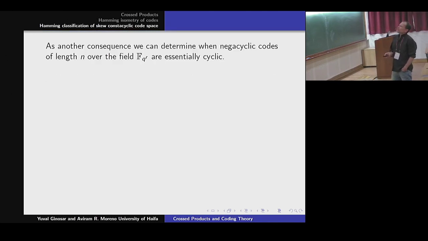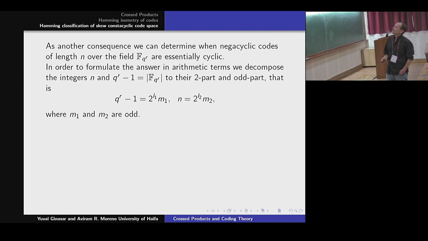As another consequence, we can determine when negacyclic codes of length n over a field fq to the r are essentially cyclic. Remember that I told you that in 2008, they found that negacyclic codes may essentially be cyclic.